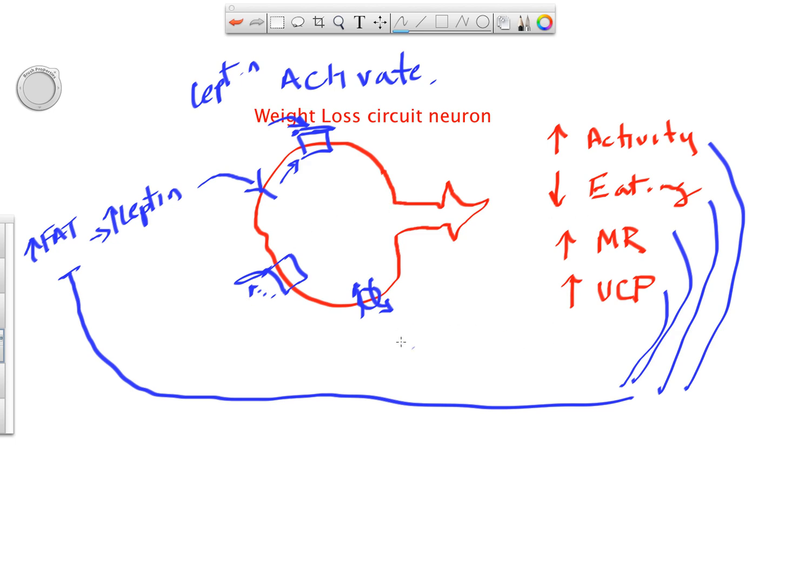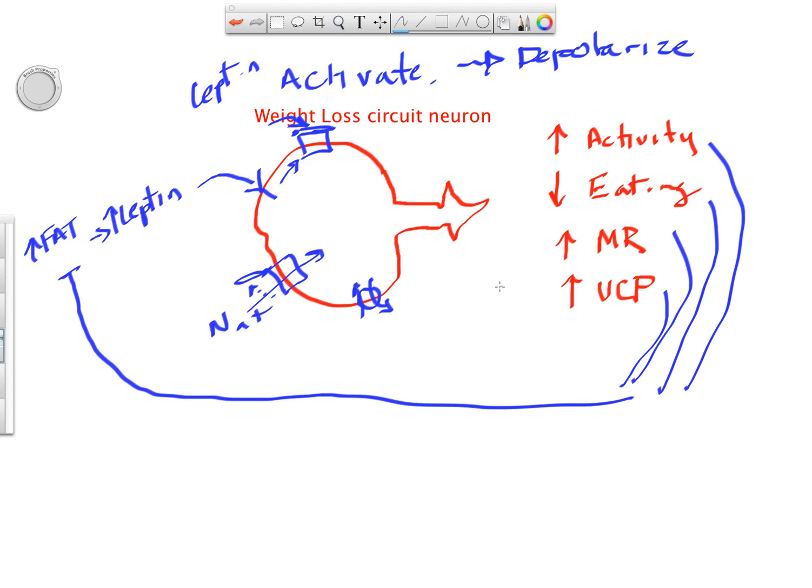Well, remember, activate means depolarize. This cell has to have action potentials. It has to reach threshold. It has to depolarize. So, opening what channel will allow the depolarization of this cell? The answer is sodium.